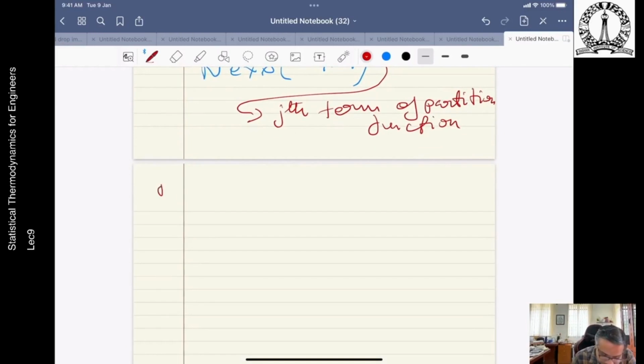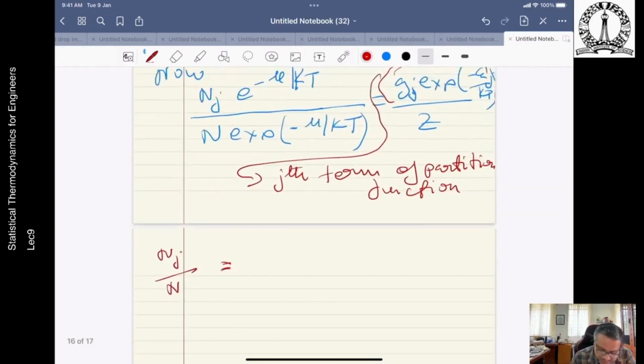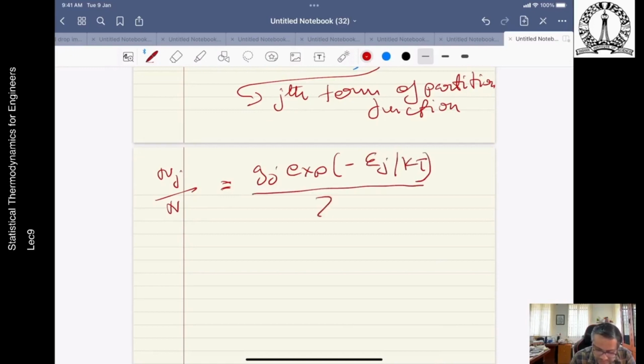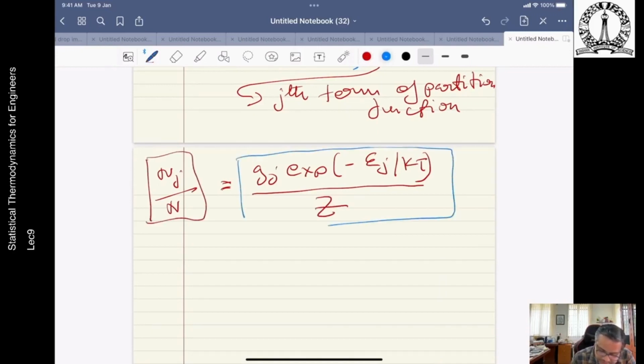So in other words, Nj by N, because this cancels out, is Gj exponential minus Ej by kT divided by Z. So Nj by N is actually given as this.